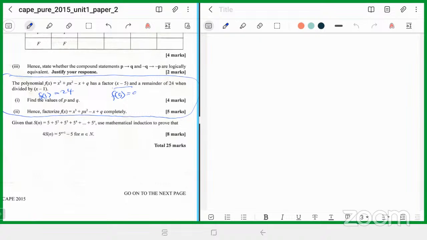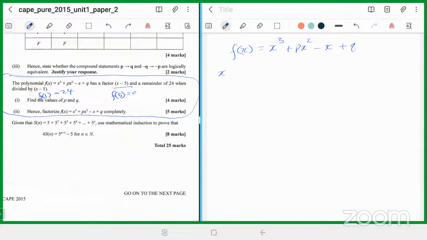All right. So this one again is f of x equals x cubed plus px squared minus x plus q. Let's say x minus 5 is a factor.